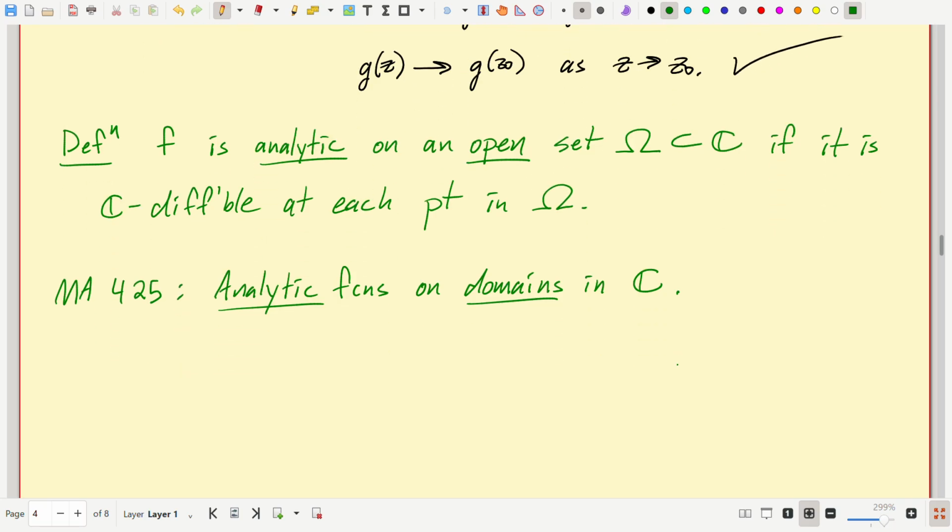Okay. Let's see, we have some simple examples of some analytic functions. Complex polynomials are analytic on the whole complex plane.